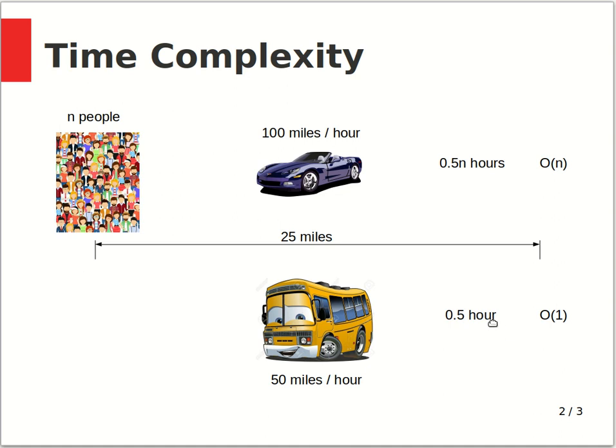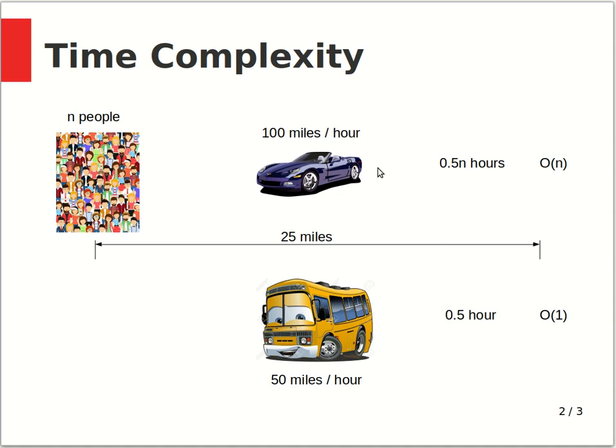So you can see the dependency is very different. For the sports car algorithm, the amount of time depends upon the number of people, n. You have an n dependence. But here it's a constant amount of time. It doesn't depend upon the size of the problem, the number of people.